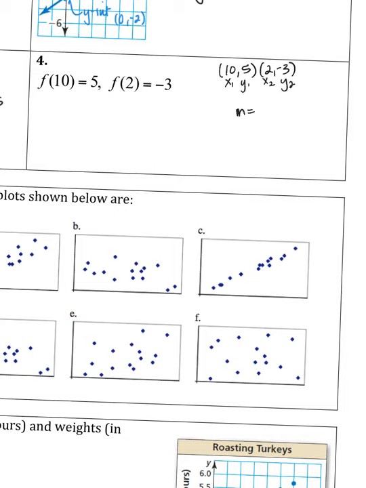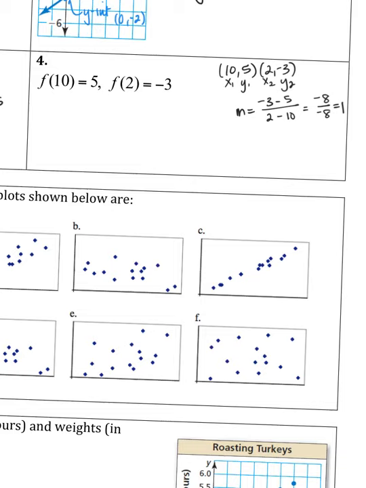So I could do that by saying y2, -3, minus y1, 5, over x2, 2, minus x1, 10. Negative 3 minus 5 is negative 8, over 2 minus 10, which is also negative 8. Negative 8 divided by negative 8 is 1. So I have a slope of 1.